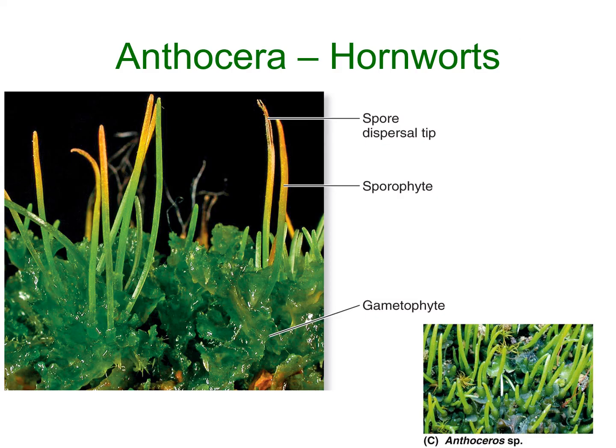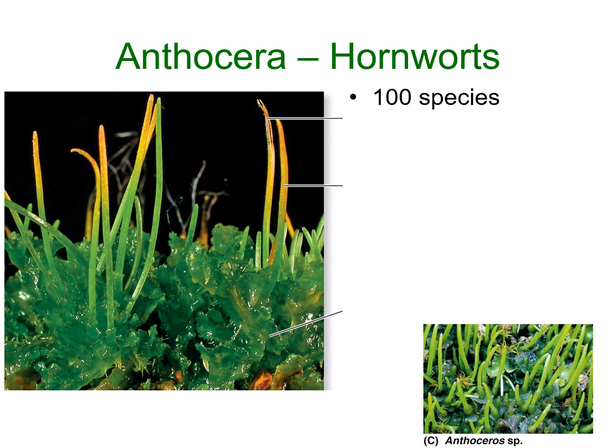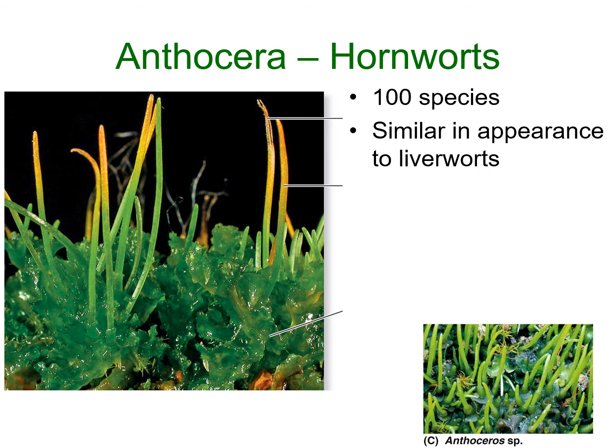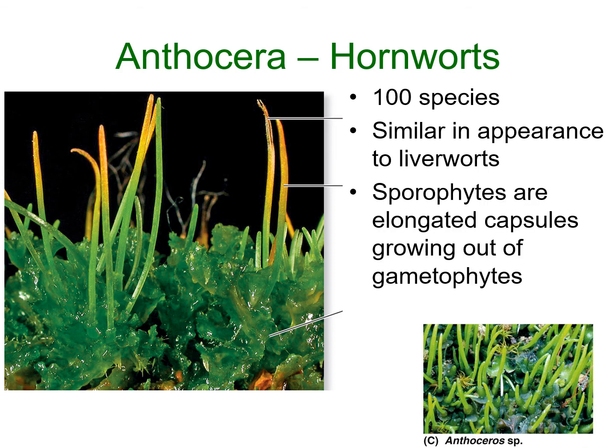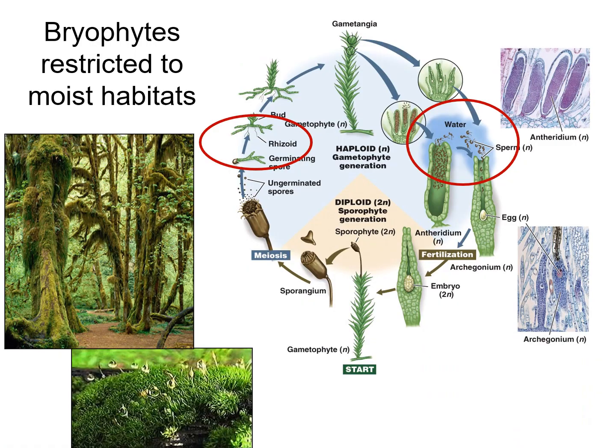The Anthocerophyta or hornworts are a little bit similar to liverworts. They have slightly different structure, and they're a different group. Only about 100 species, similar in appearance to liverworts, and the sporophytes, instead of being a capsule on the end, they just have these sort of elongated capsules, but this is the diploid component that's going to undergo meiosis to produce spores.